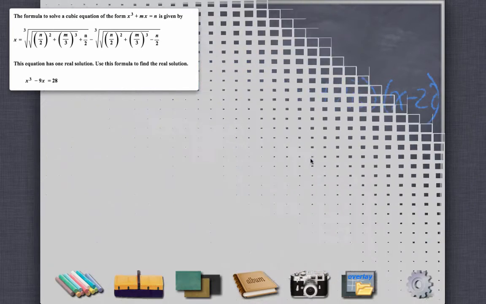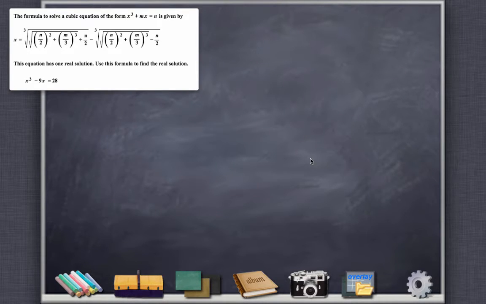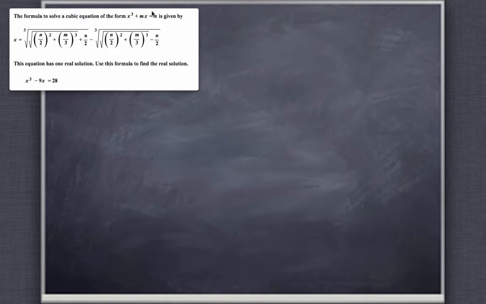So before, when we were working with cubes, we talked about you just need to identify sort of what's A and what's B. So this tells us if we have x cubed plus some number times x equals some other number, then we can solve it this way. So we need to identify the numbers. So m is negative 9 because it's the number next to x, and n is 28 because it's the number on the other side of the equation.